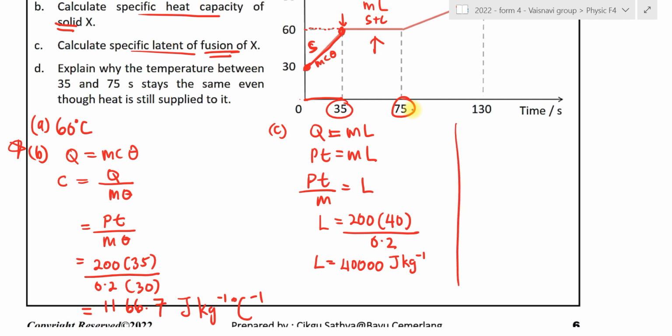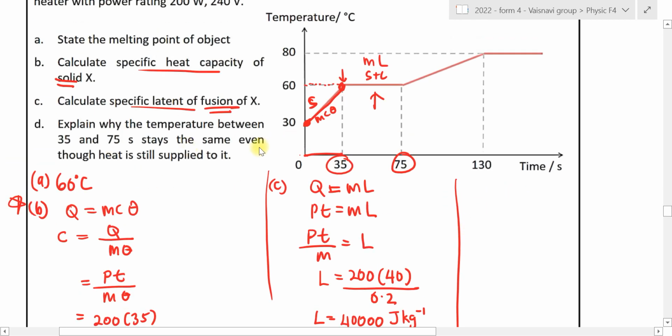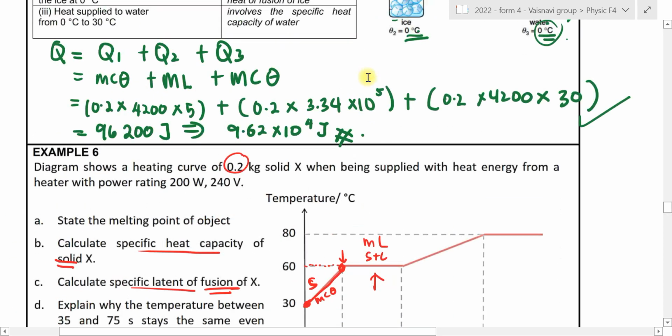Okay, next. Explain why the temperature between 35 to 75 stay the same even though heat is still supplied to it. Macam soalan chemistry pula. So 35 to 75 is still the same because we use the energy not to raise the average kinetic energy, but we use it to break the bond between them.